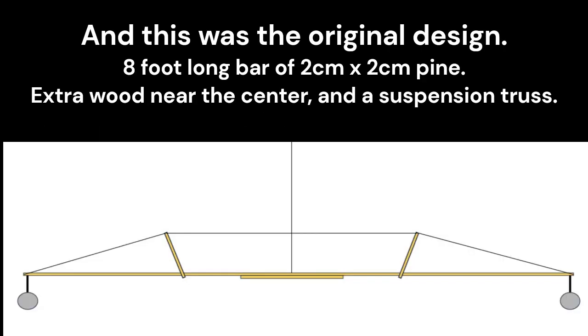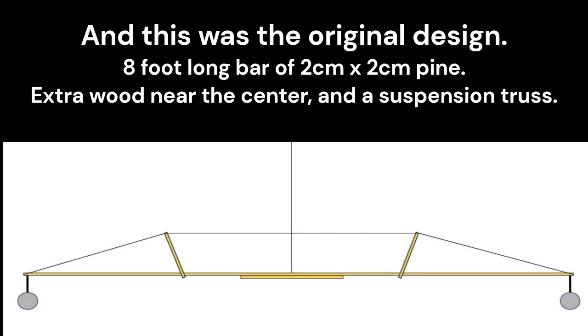And this was the original design. It was an 8-foot long bar of about 2 centimeter by 2 centimeter pine with an extra doubled up layer of wood near the center because of the higher bending stress there, and a suspension truss. Because I knew that without a truss like this, the deflection of the wood would be very large and probably snap the wood even with the extra support in the middle.